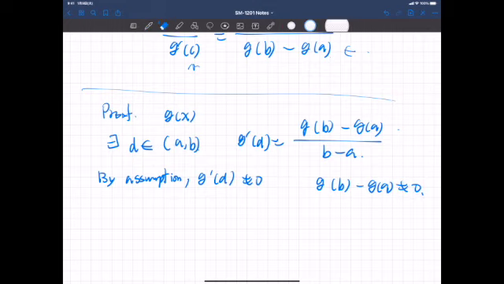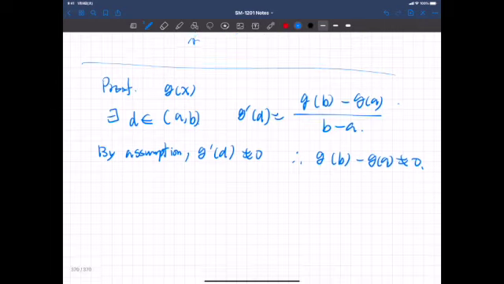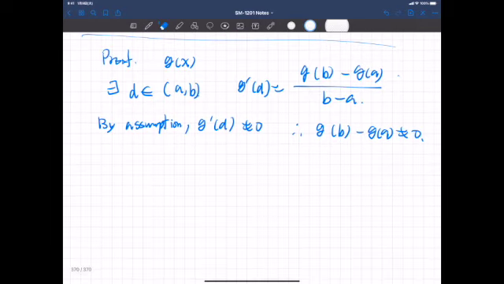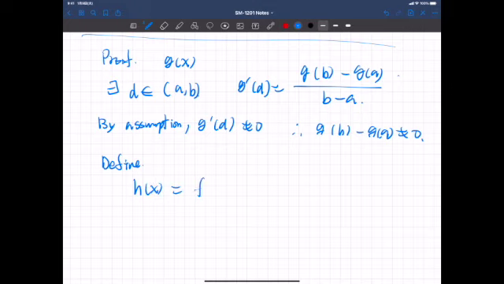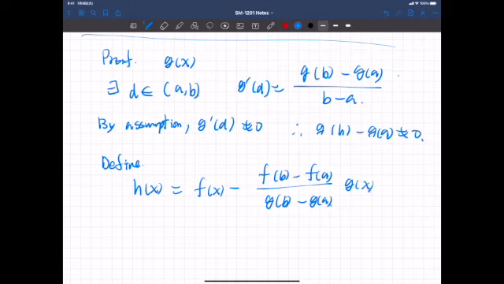So we can divide by this quantity, right? So let's define a new function h of x by f of x minus f of b minus f of a over g of b minus g of a, times g of x.